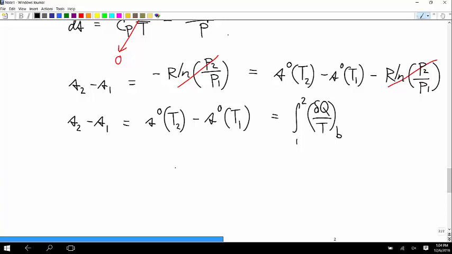We can look up, so we know these are from the table.